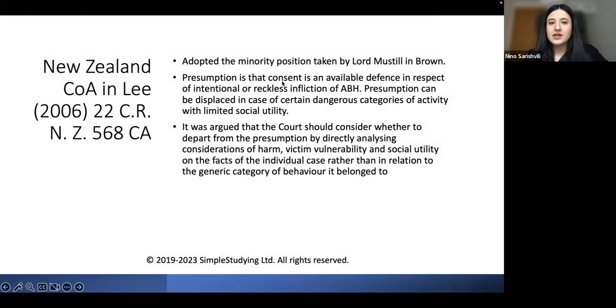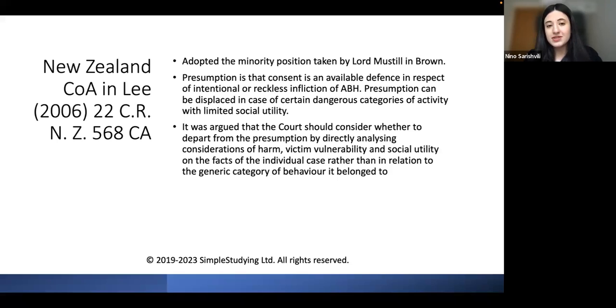In this case, the New Zealand Court of Appeal adopted the minority position that was taken by Lord Mustill in the English law case of Brown. The presumption is that consent is available as a defense in respect of intentional or reckless infliction of ABH.